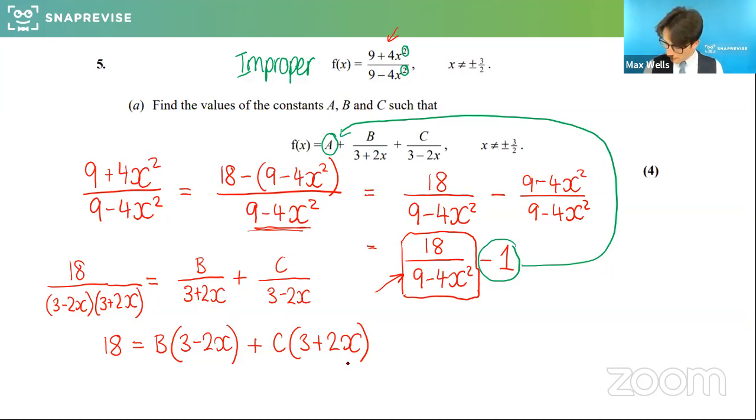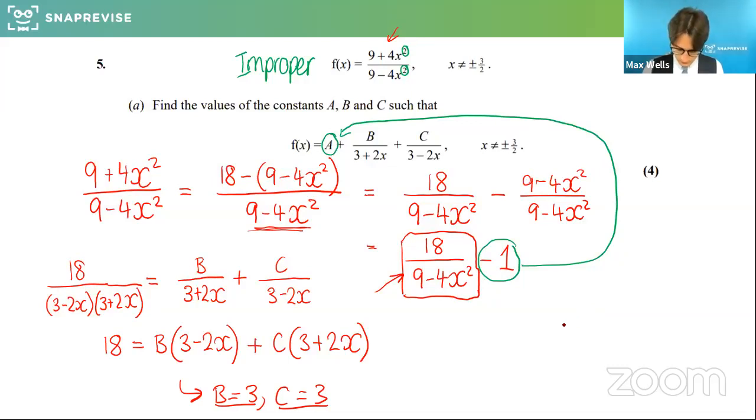So if we sub in, for example, 3 over 2 or minus 3 over 2 for x, there's no x's on this side, but those brackets are each going to go to 0. And so I'm going to come out with a value that b is equal to 3 and c is equal to 3, which I think somebody suggested earlier. Well done if you got that.